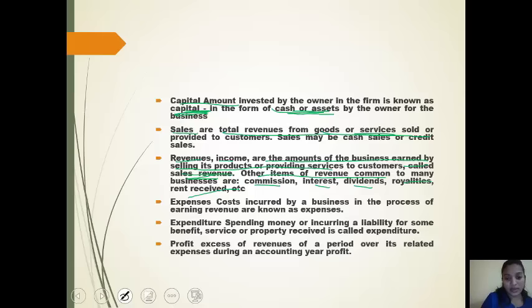Expenses, costs incurred by a business in the process of earning revenue are known as expenses. Now, expenditure. Expenditure is the spending of money or incurring a liability for some benefit.